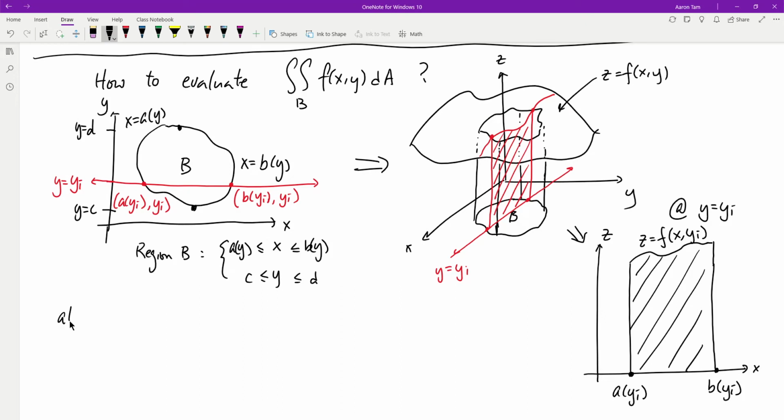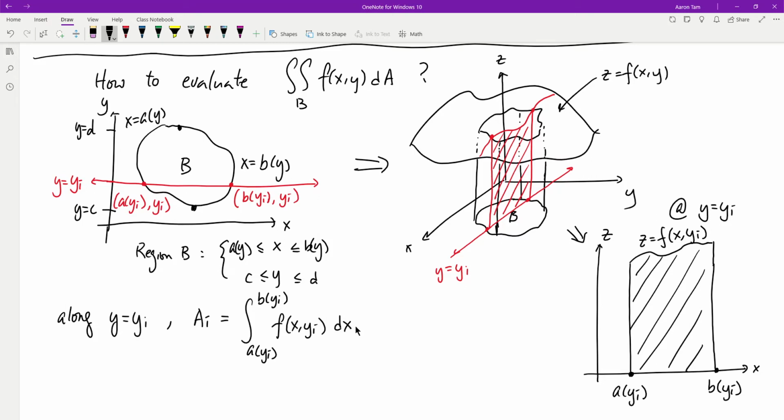Along the line y equal to y sub i, we can define this area to be A sub i, and that would equal the integral from the lower limit, A of y sub i, to B of y sub i, and the height of the function is given by f of x, y sub i, dx. And that gives us the area under this curve across our region B.